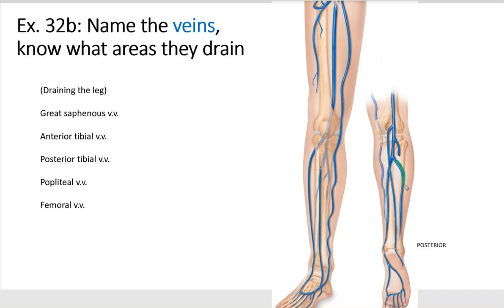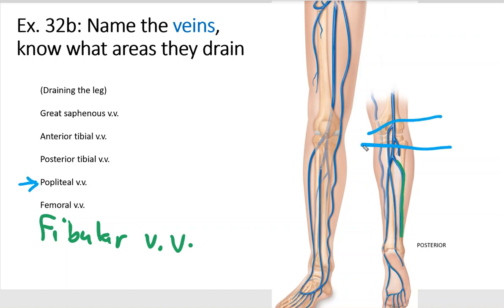Anyway, remember this fibular vein is the second one, so fibular veins. Lateral side on the fibula. And they're all going to drain into the popliteal vein, which is behind your knee, and those are going to drain into the femoral vein, which goes up your leg. So this is femoral vein, more medial, and this is great saphenous vein.